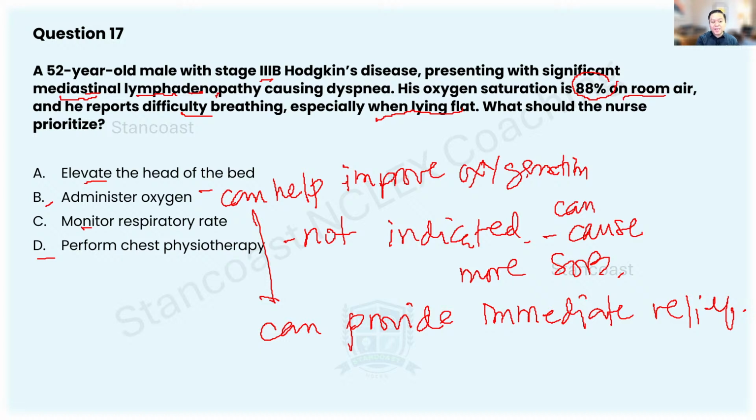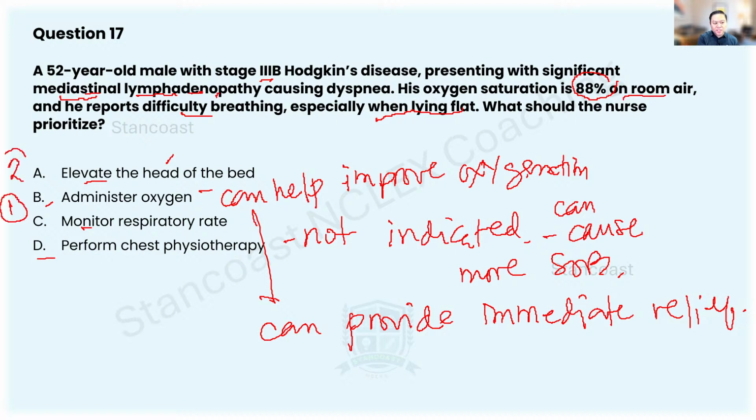Will that be elevation of the head of the bed, or will the oxygen administration give a much more immediate relief? Will it alleviate the dyspnea more compared to the elevation? I believe so. The administration of the oxygen would be prioritized.